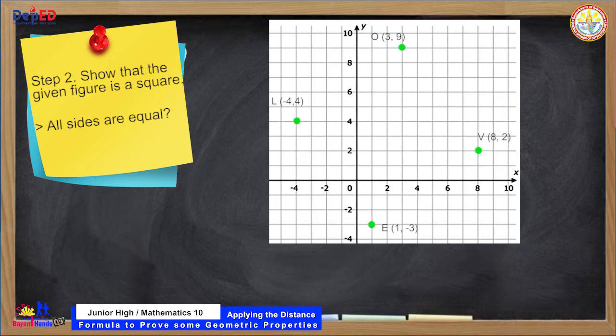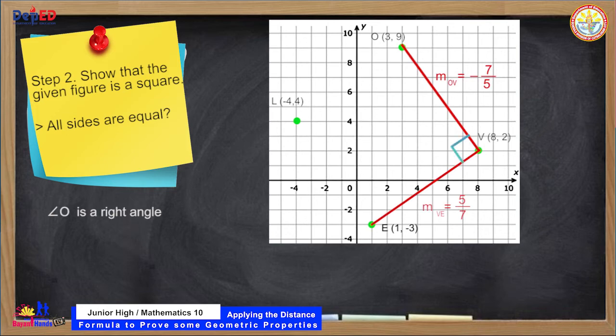Based from the computed slopes of each segment, we can conclude the following. Since the slope of segment LO and segment OV are negative reciprocal of each other, then the angle O is a right angle. Since the slope of segment OV and segment VE are negative reciprocal of each other, then angle V is a right angle.